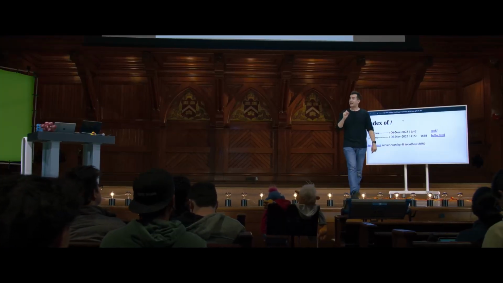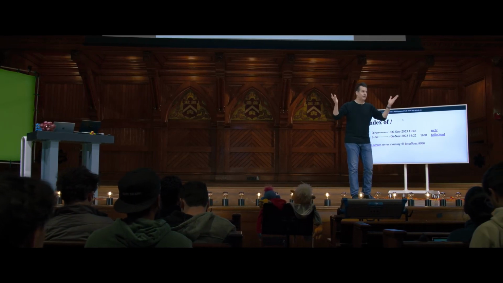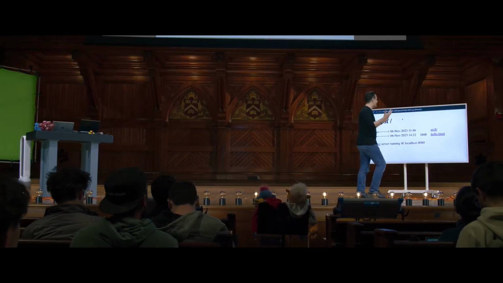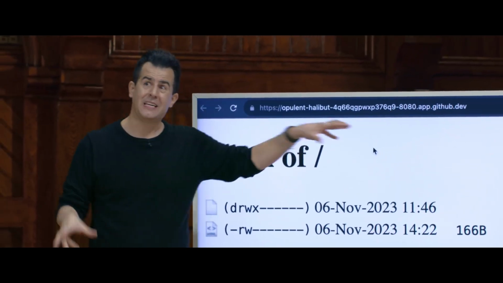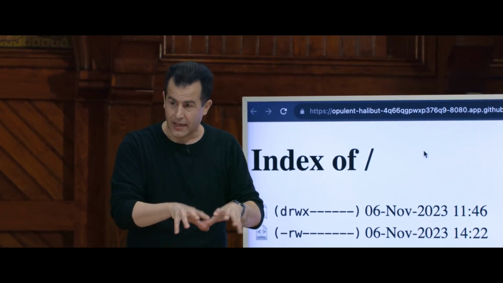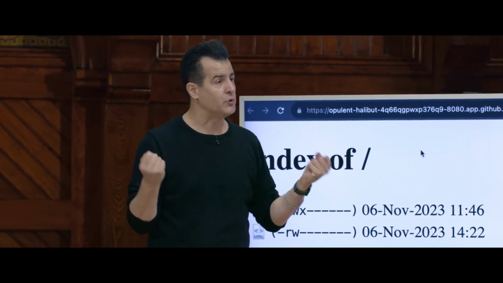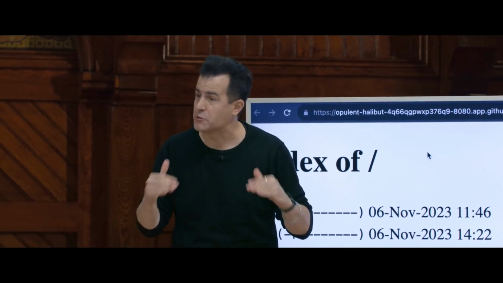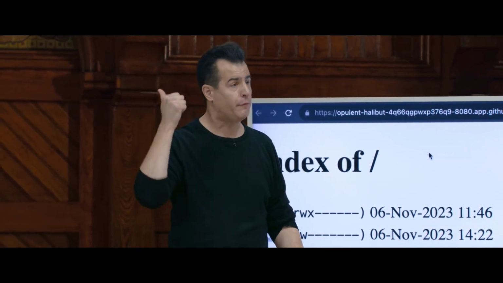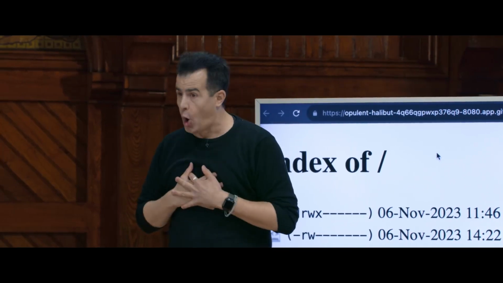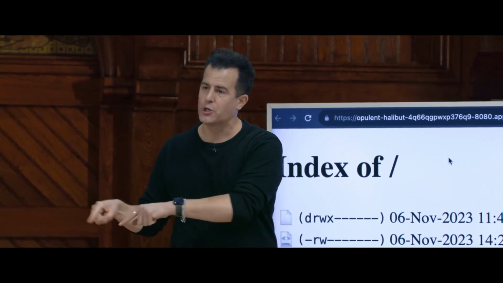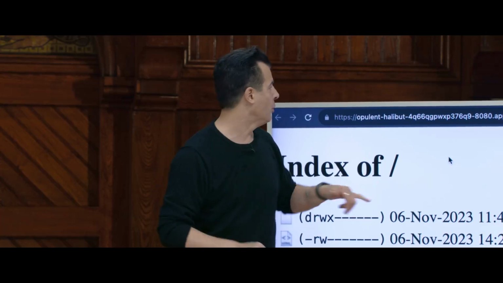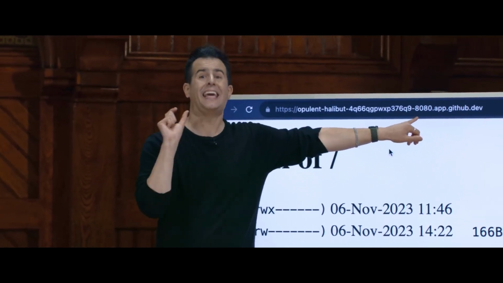Normally, I would have to access this web server at port 80 or 443 or even 8080. And the reason for this is because CS50.dev, that is to say, code spaces, the tool that we're using in the cloud, is obviously itself already a web server. And it's GitHub's web server that's listening already on port 80 and 443. So if I want to run my own web server on their web server, I just have to pick another port number. And so what you're seeing in the URL here is a hint of that.